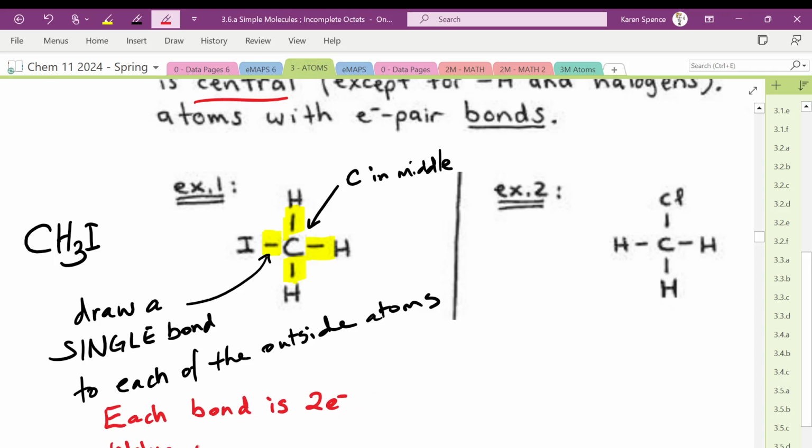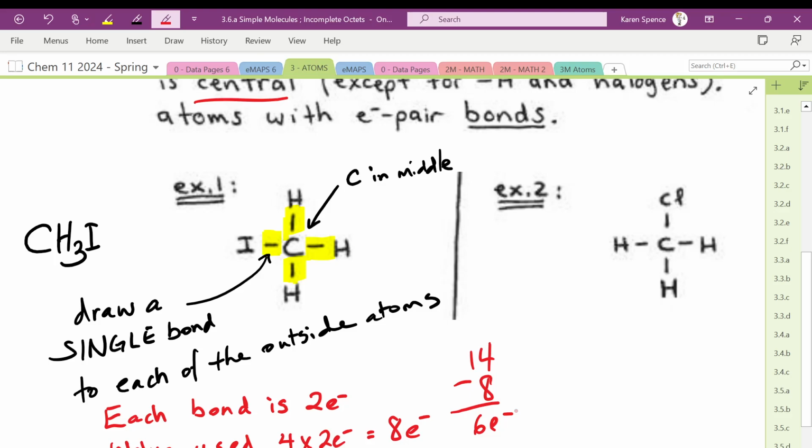So we've used 4 times 2 is 8 electrons. How many electrons do we have left? 14 minus 8, we have 6 electrons left. Okay, so what we're going to do next is we're going to say we need to make sure that everybody has a complete octet except for elements that don't want to have 8. Yes?